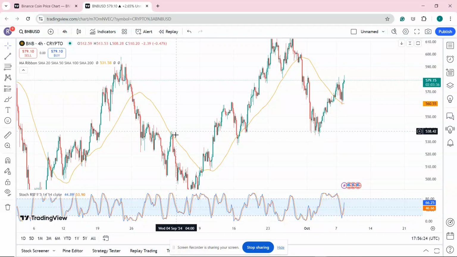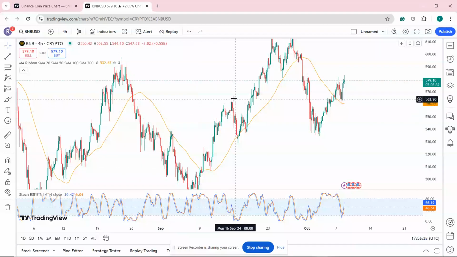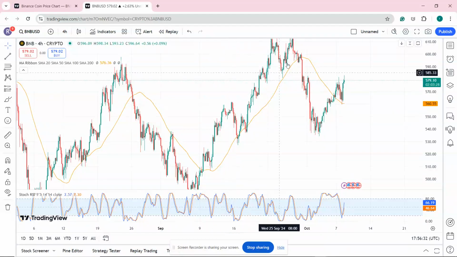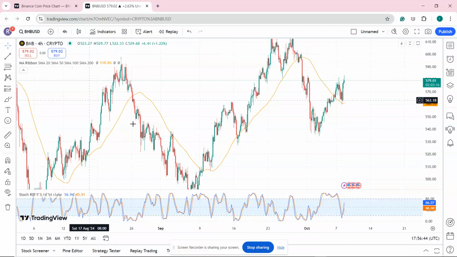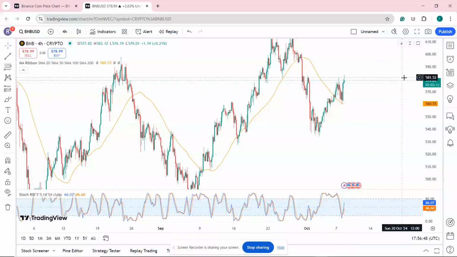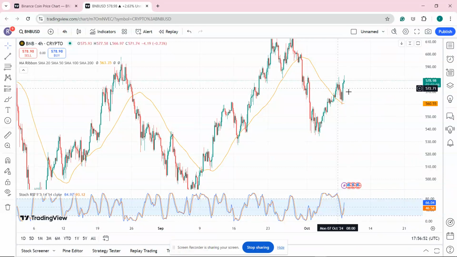From the past videos, remember I was able to draw HH and LH, and LL and LH. So let's refresh our memory. We're on the Binance Coin price chart. This is the current price, $579 per Binance Coin.